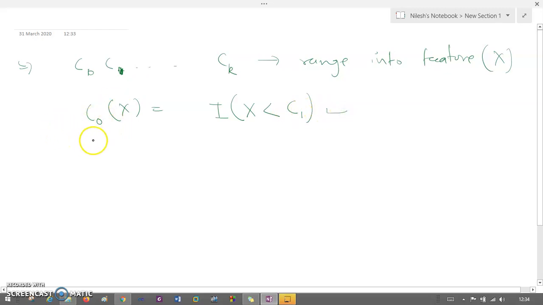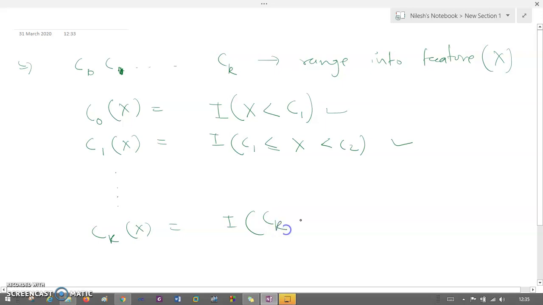Okay, in a very similar way C1 is going to work. So indicator function, and it is going to range in between C1 is smaller than or equal to x and it is smaller than C2. This is again an indicator function. So it is going to work like C of k x, and the indicator function C of k is smaller than or equal to x.